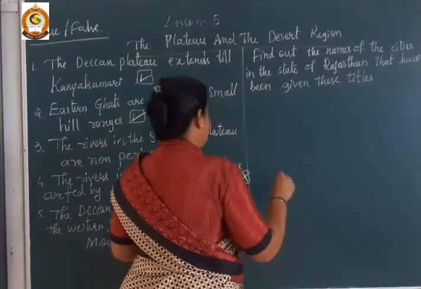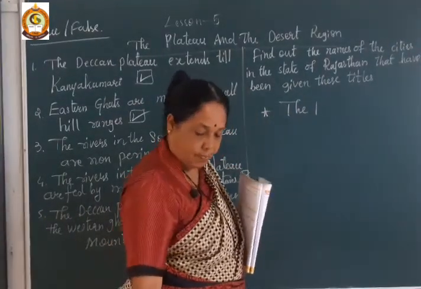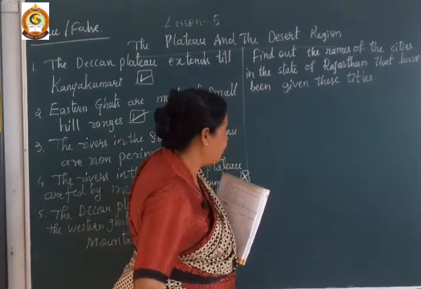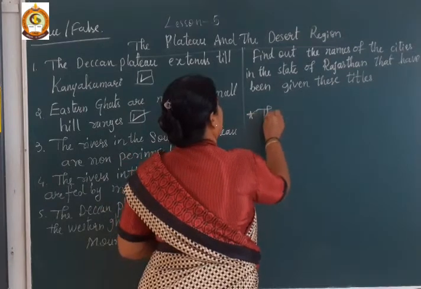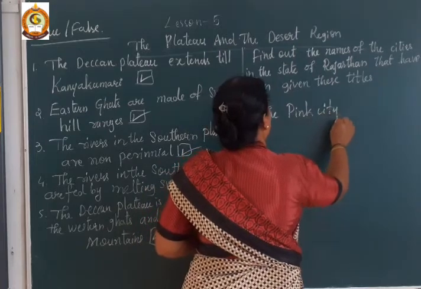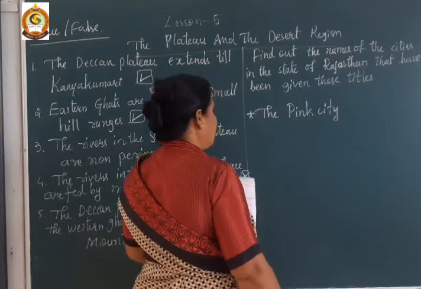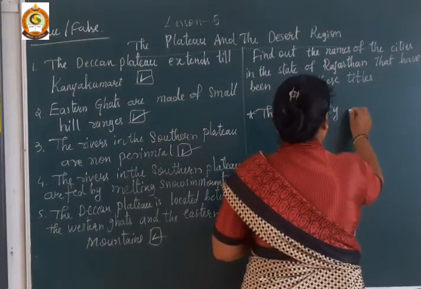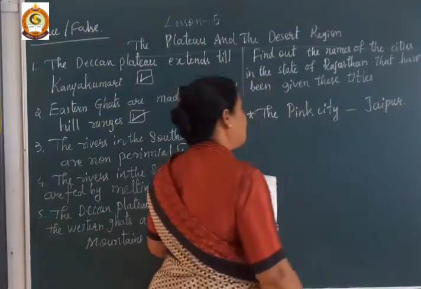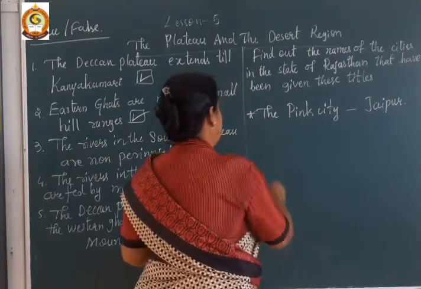First one is the Pink City. Which city is called the Pink City? Answer is Jaipur. Yes, dear student, Jaipur has the special name Pink City.